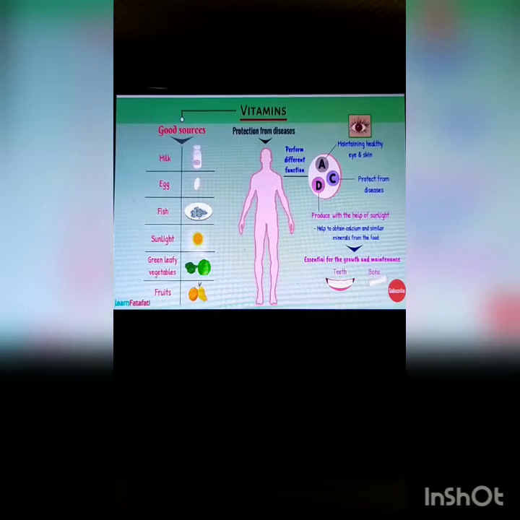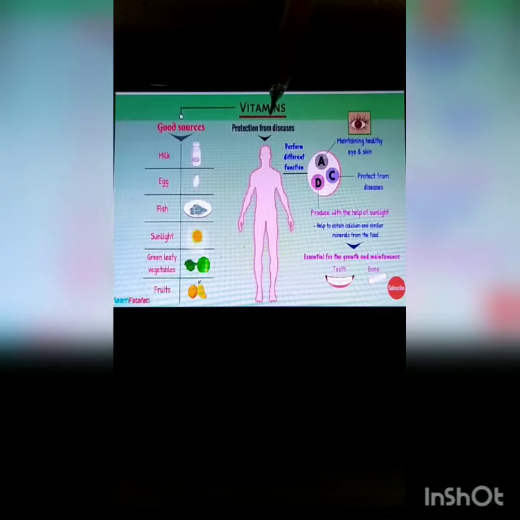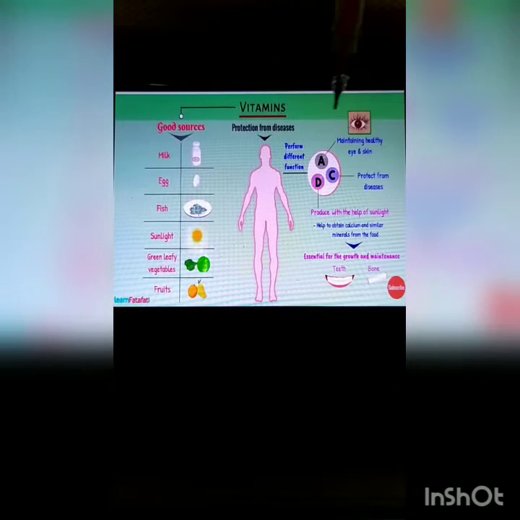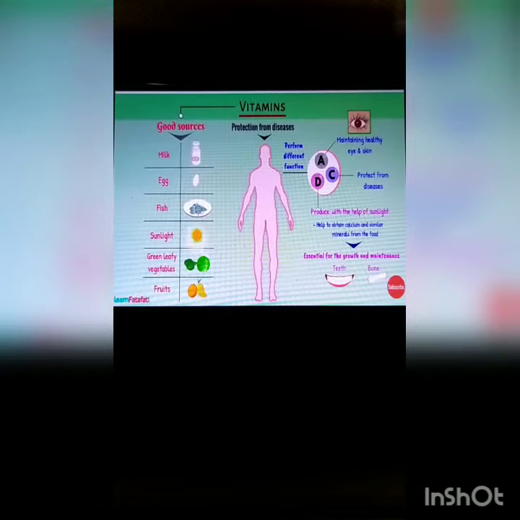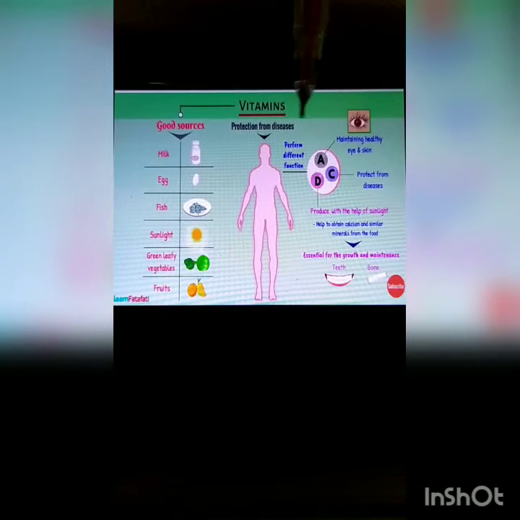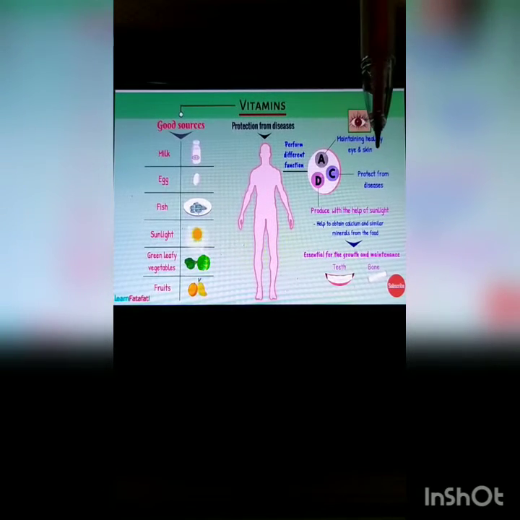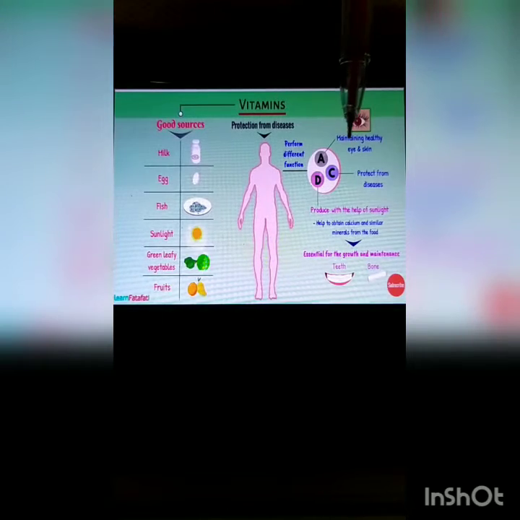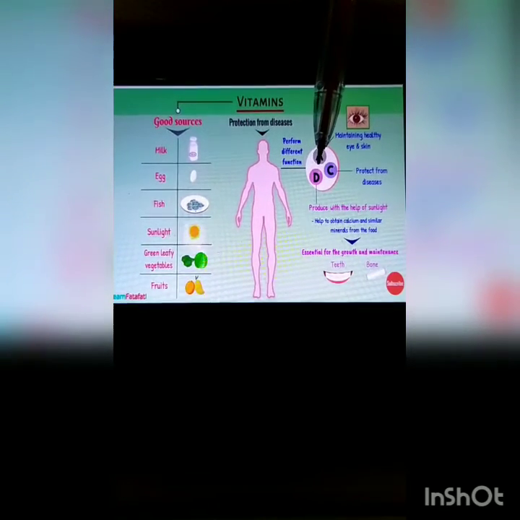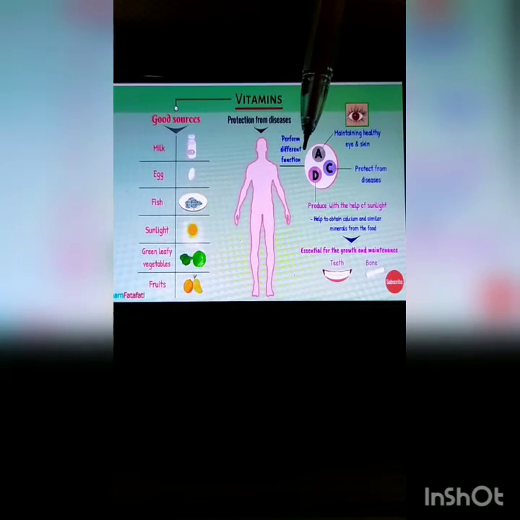Now about the vitamins. Vitamins help in protecting our body against diseases. Vitamins are of different kinds known by different names. You must have heard about vitamin A, vitamin C, vitamin D, and there are vitamin E and K also, which I have not mentioned here.